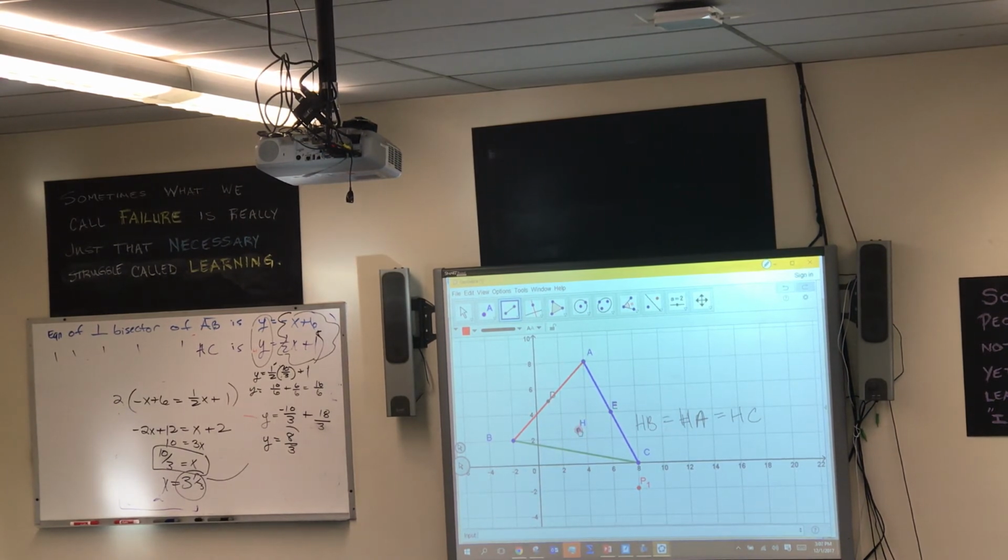So this H is a particularly important point in regards to centers of triangles, and it's the center of a circle. When I click on H and then click on A, and draw a circle centered at H that passes through A, what does it do to B and C? It passes through B and C.